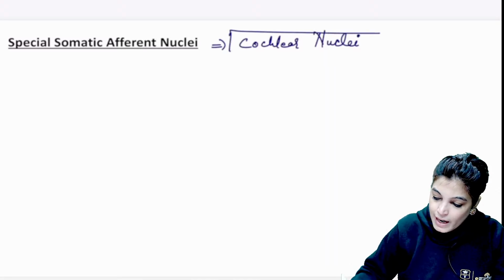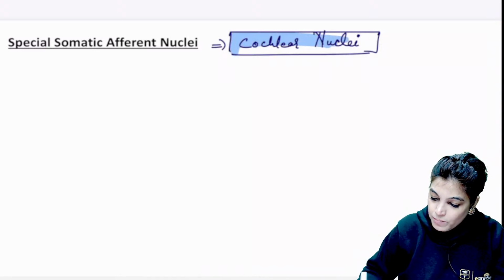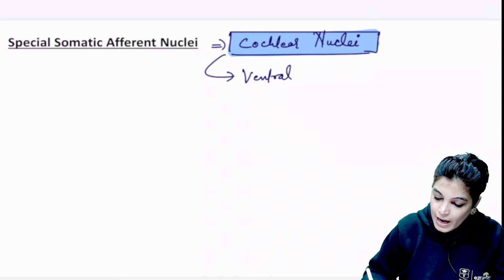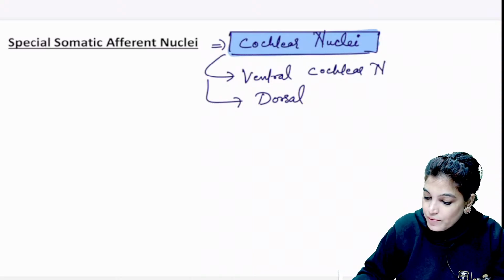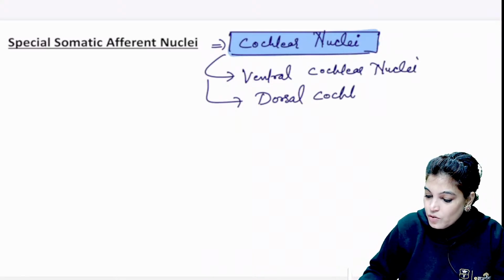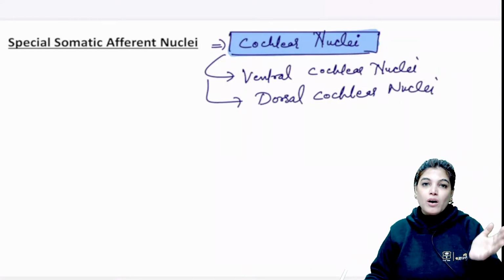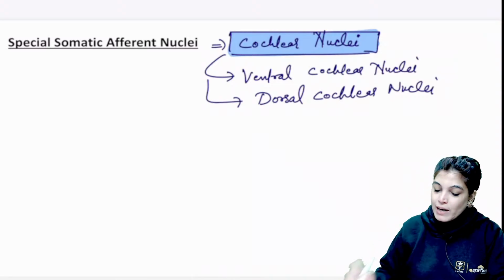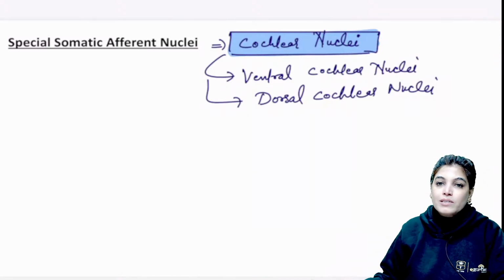The cochlear nuclei are two in number, ventral and dorsal cochlear nuclei, which are related with the function of hearing. These nuclei are located partly in the medulla and partly in the pons.